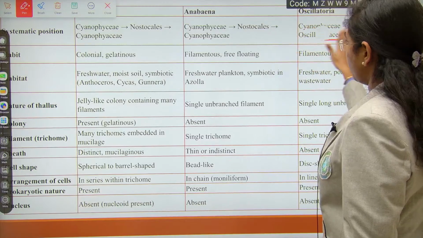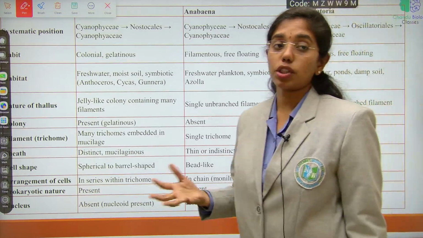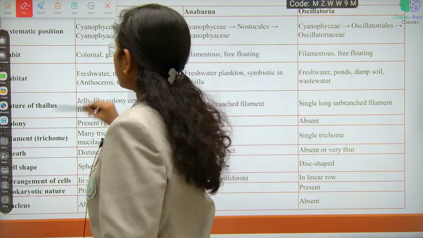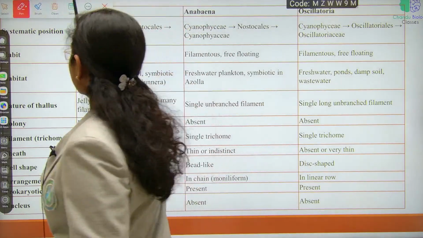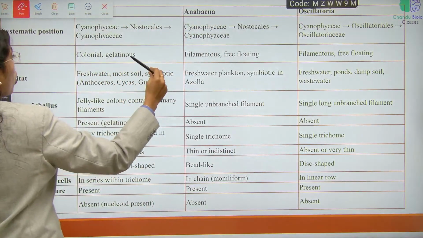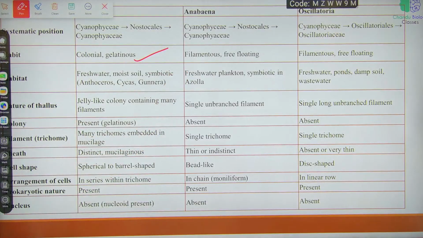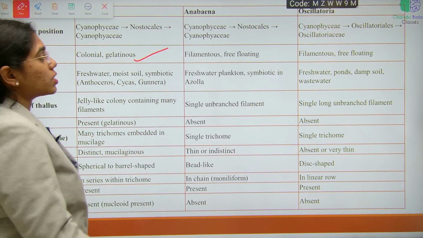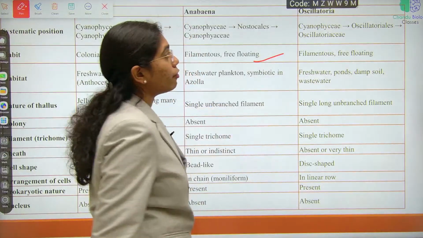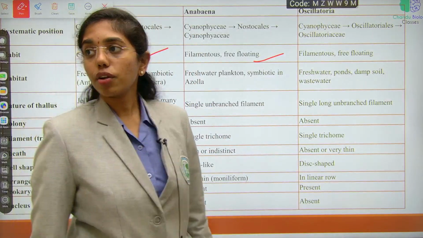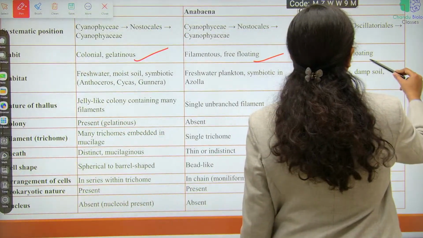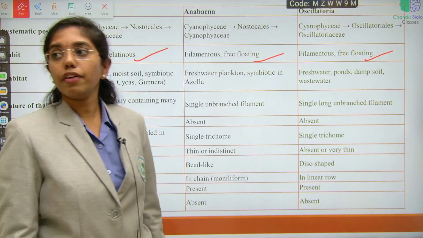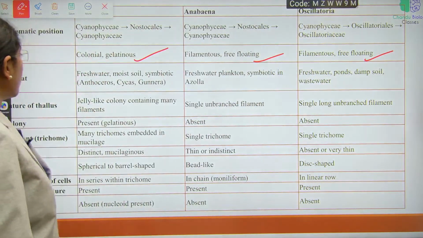Habit: what type of habit, what type of structures they possess. Nostoc can exist in filamentous, colonial or gelatinous form. Anabaena exists in filamentous and free floating form. Oscillatoria exists in filamentous and free floating form. Now habitat.